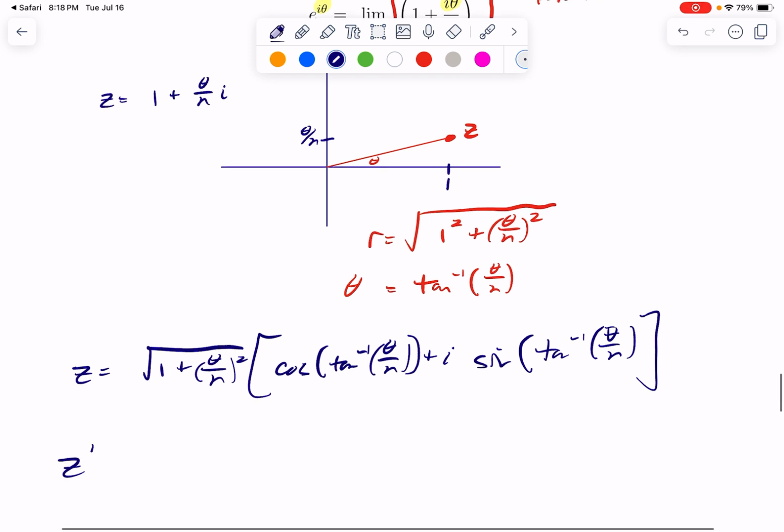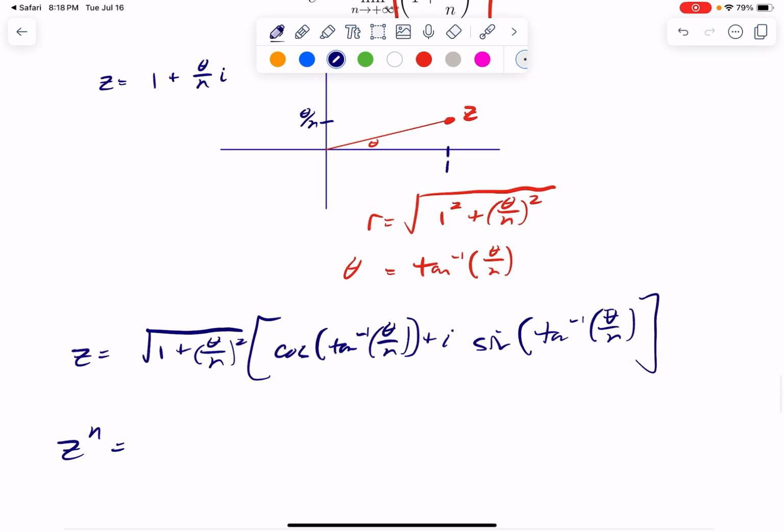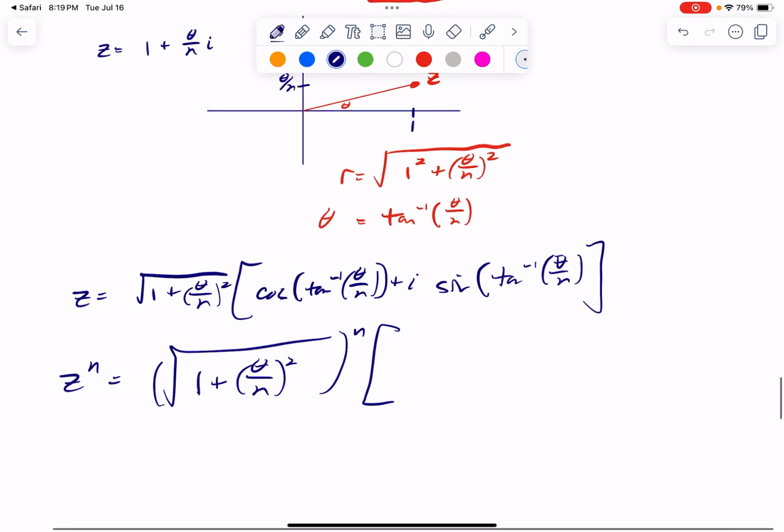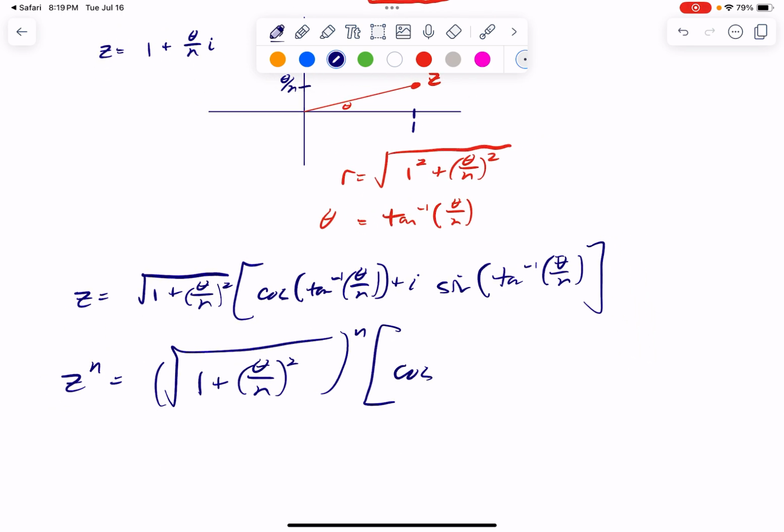And what we just learned here is that z to the n power would be this radical to the nth power, and then our new angle would be n times the inverse tangent of theta over n.